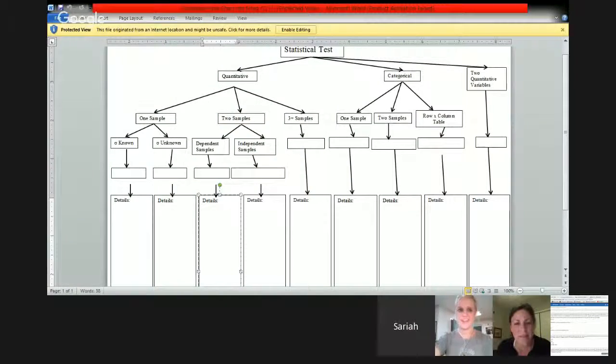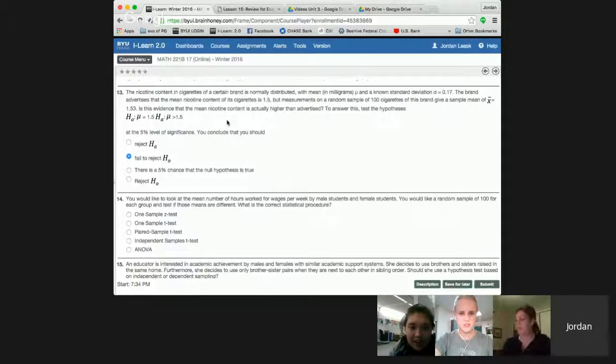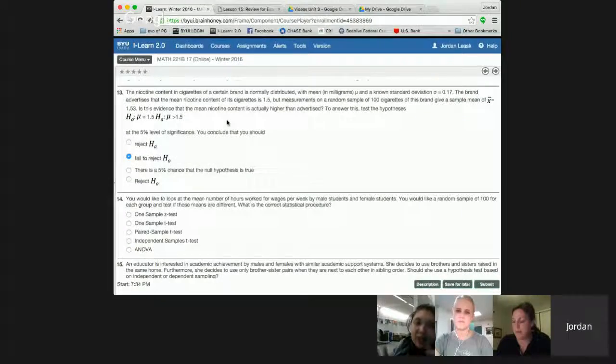If you want, I can resend it out to you guys. I'd love that. Okay, I'll send that out right now. It also gives you some space down below where you can write information, so it's a good way to organize it all.